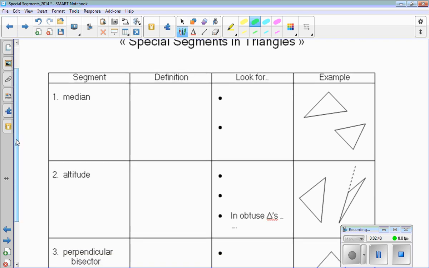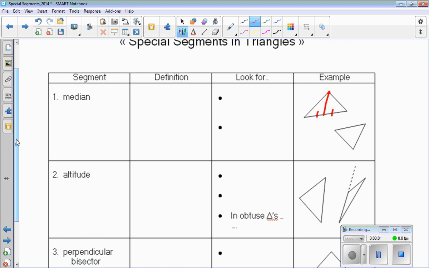Let's talk about what a median is. With our highlighters, we're going to draw a median into our triangle. You can highlight it at the end if you want. So I'm going to draw a couple in here. Notice it starts at a vertex and it's going to bisect the opposite side.